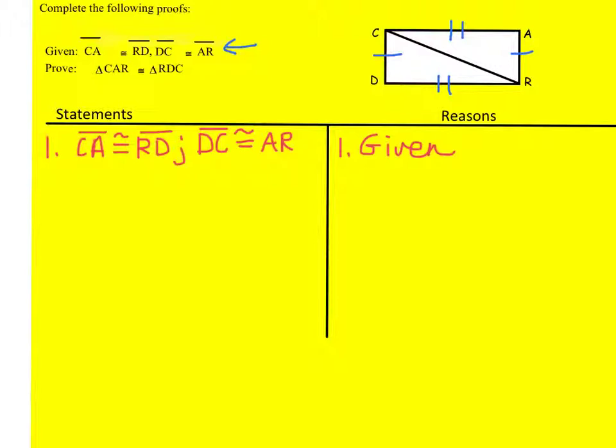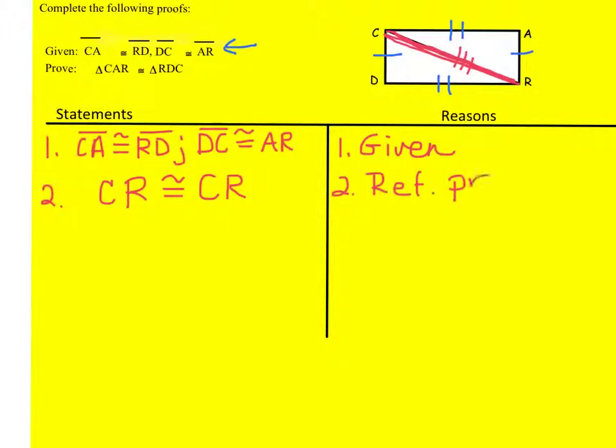Is there anything reflexive? Yep, I have this line here. It's in both triangles, so it would be reflexive to itself. So I can add that to my proof. CR is congruent to itself by the reflexive property.